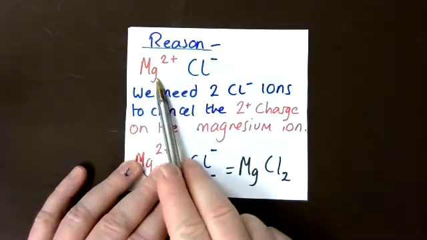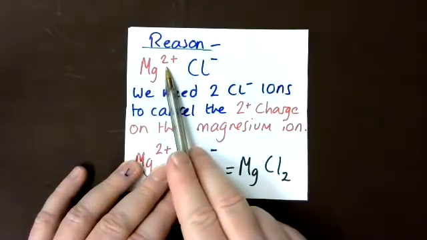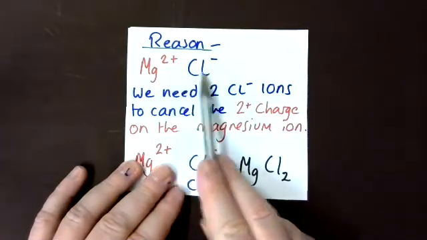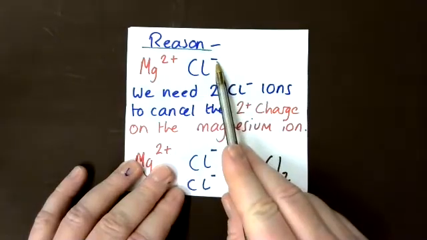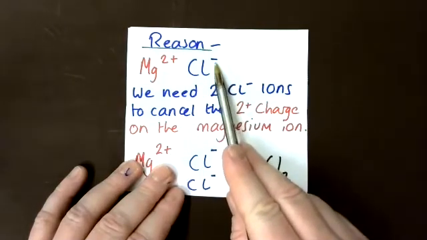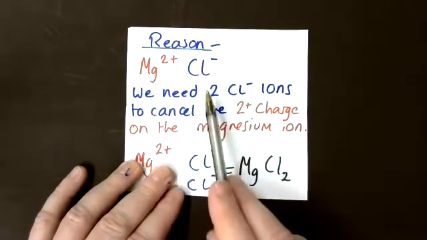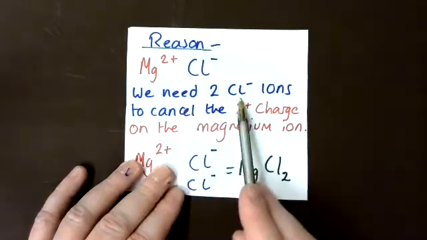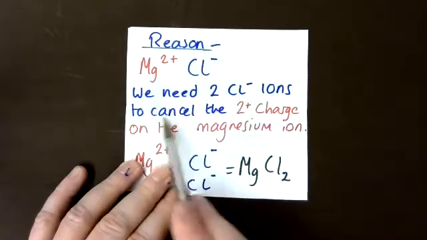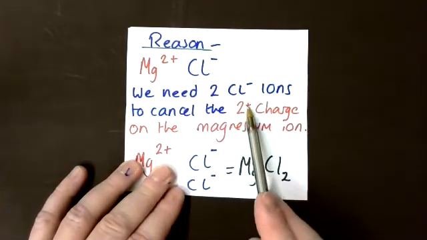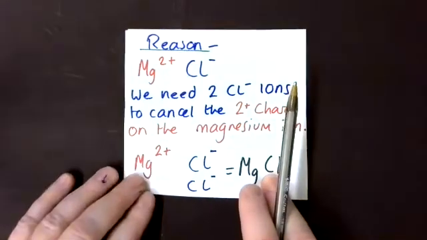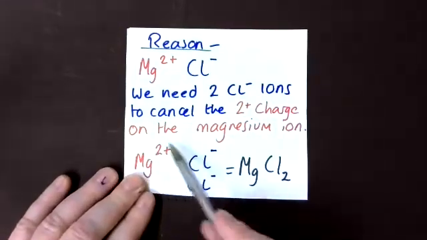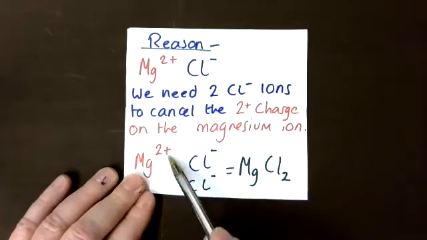The reason is this. A magnesium ion has a charge of 2 plus, but a chloride ion has a charge of just minus, which is -1. We don't write the 1. So we need 2 chloride ions to cancel the 2 plus charge of the magnesium ion. Let me show you that. One magnesium ion has a 2 plus charge.